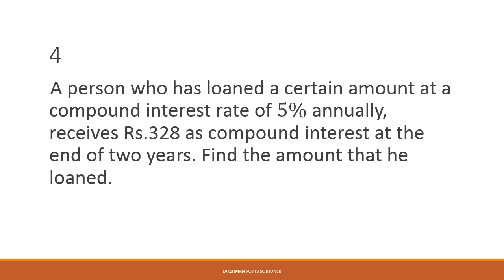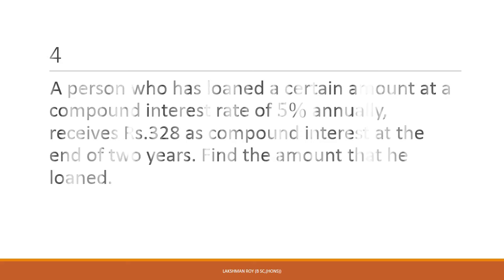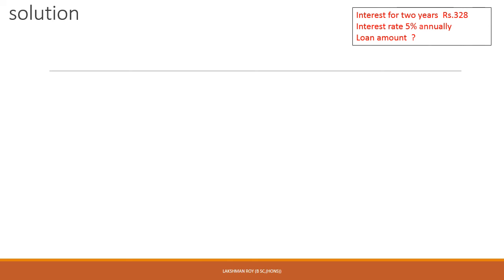That is a slight difference, right? So when solving this question, I will mention here the important information given in the question. The interest for 2 years is 328 rupees, and the interest rate annually is 5%.